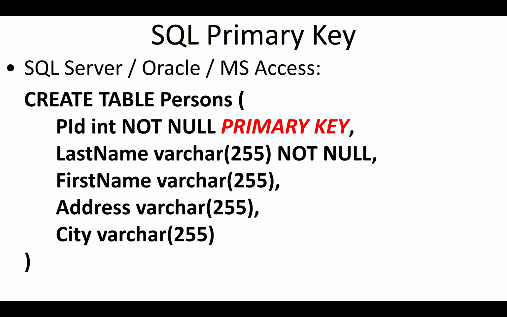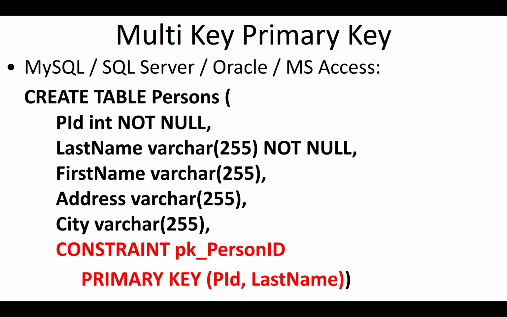In SQL Server, the syntax is slightly different. You declare primary key right on the field as opposed to a separate line, but it means the same thing. The primary key could be a combination of keys. You might say that your primary key is a combination of both this artificial key combined with last name.